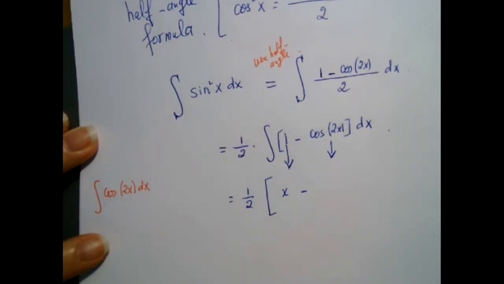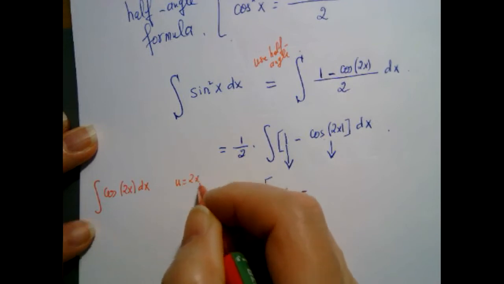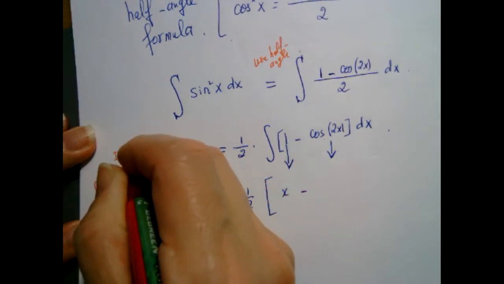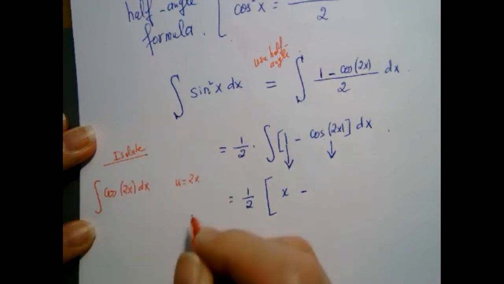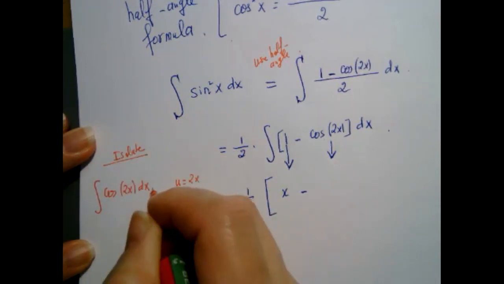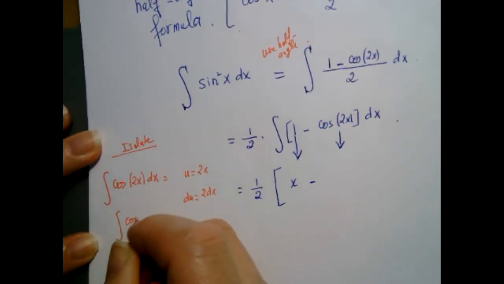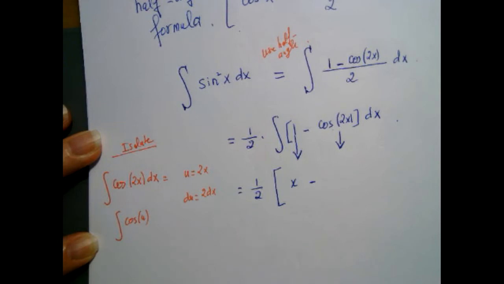It's not just the sine because there is an inside. So I make this little substitution. U equals 2x, du is 2 dx, and this would give me the integral of cosine u. Instead of dx, I have a half du.